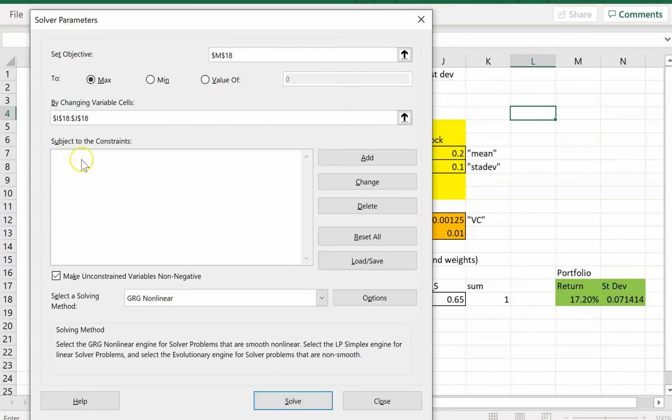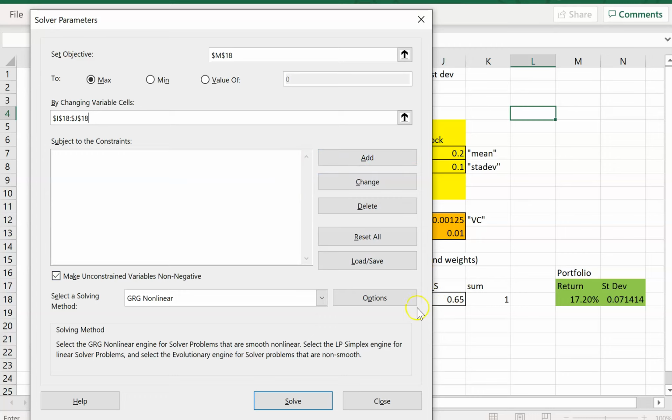Okay, now what are the constraints? First of all, we want the values to be non-negative, so we are not allowing for short sales. If I uncheck this, negatives are also allowed, which means you can short sell securities. But by checking this, I'm saying that I want to invest in positive amounts in bonds and positive amounts in stocks. But I still need to add some constraints.